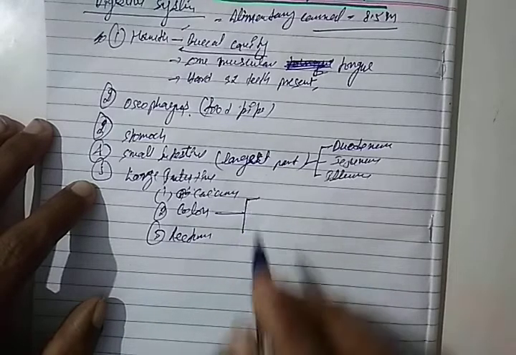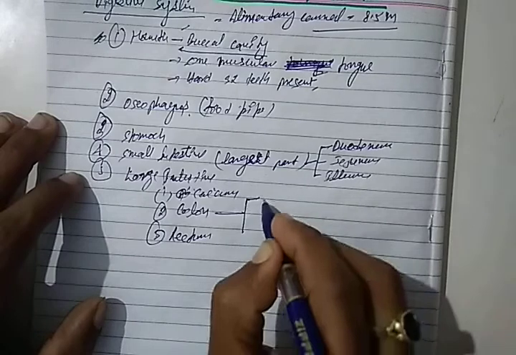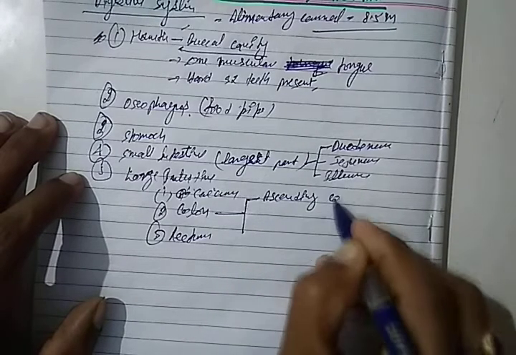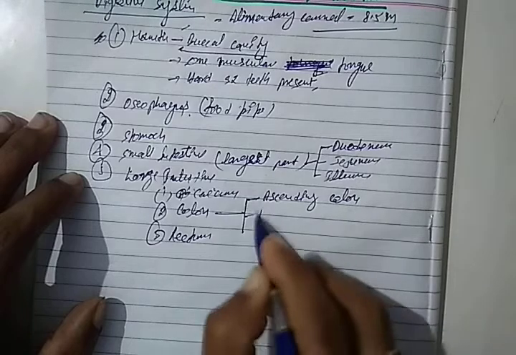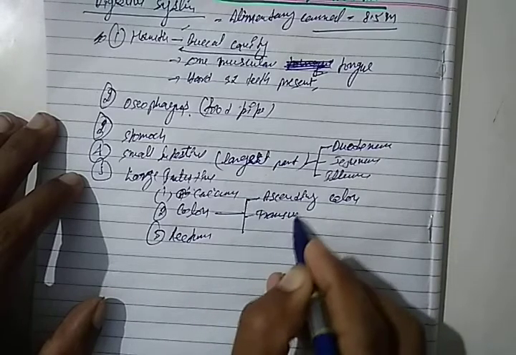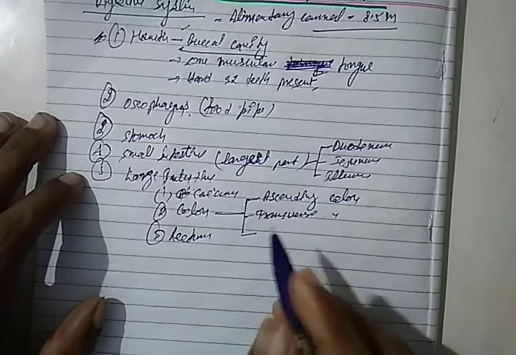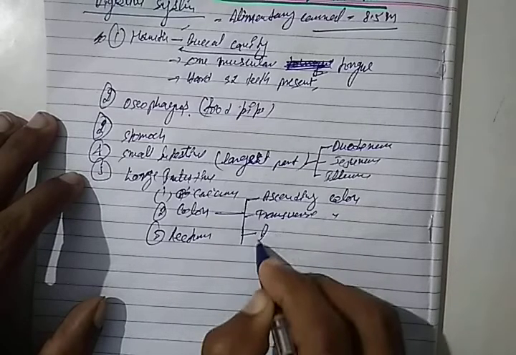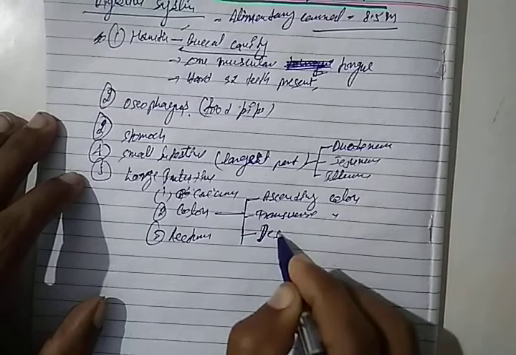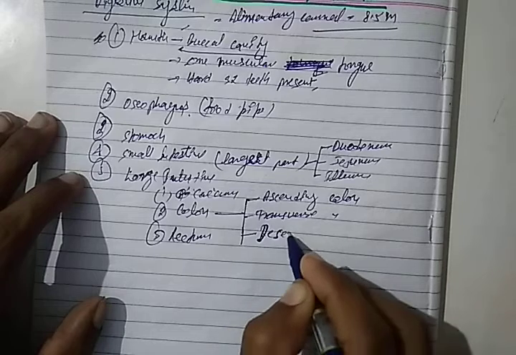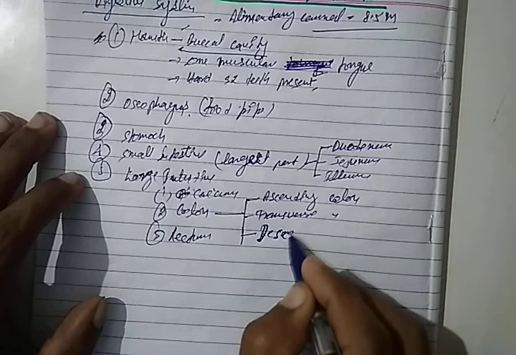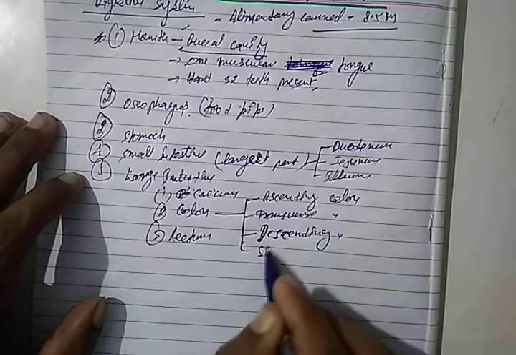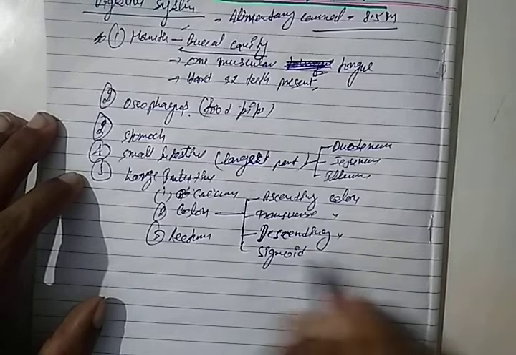The colon is again divided into different parts. First is the ascending colon, second the transverse colon, third the descending colon, and last the sigmoid colon.